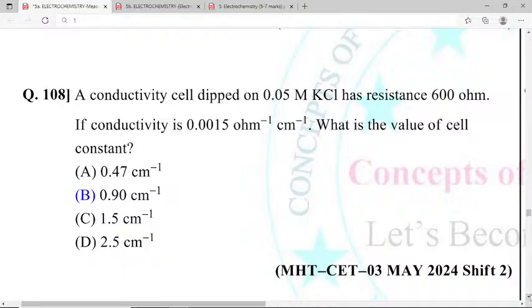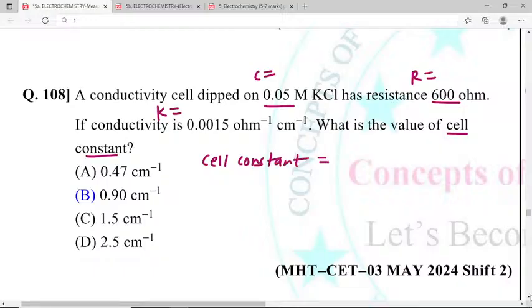A conductivity cell of concentration 0.05 has a resistance of 600 ohm, and conductivity K is given as 0.0015. What is the value of the cell constant? We have to calculate it. So cell constant is equal to conductivity multiplied by resistance.